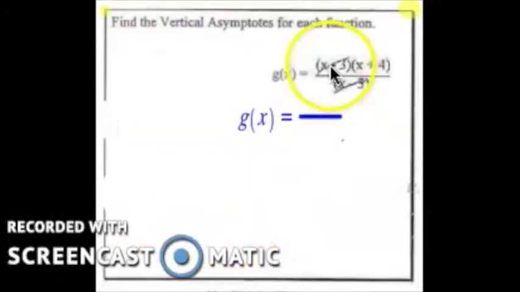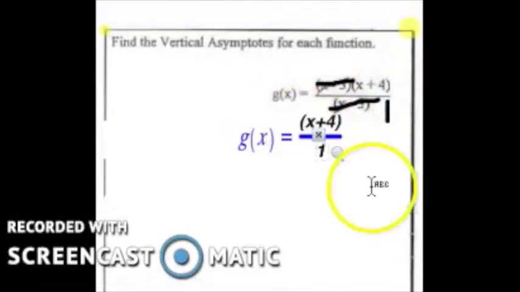In this equation, we see that x minus 3 in parentheses on the top and x minus 3 in parentheses on the bottom cancel each other out. This time when they cancel, we're only left with a top of x plus 4, but a bottom of 1. So we're going to rewrite that here.